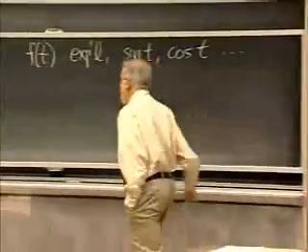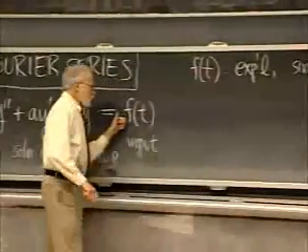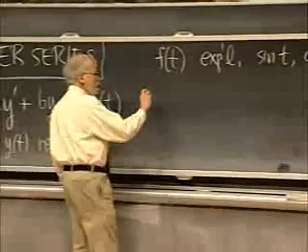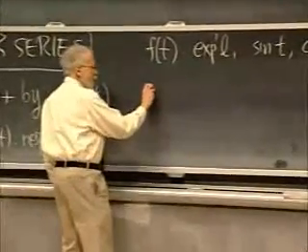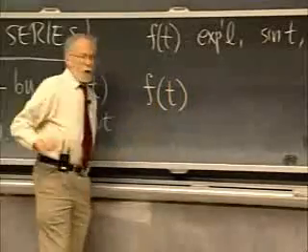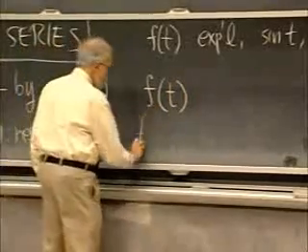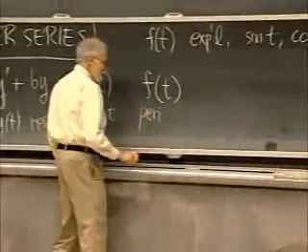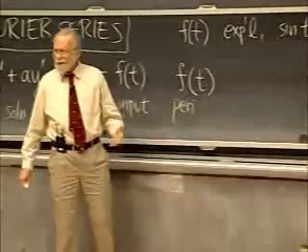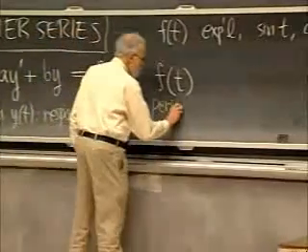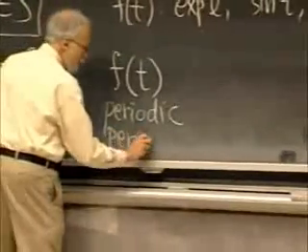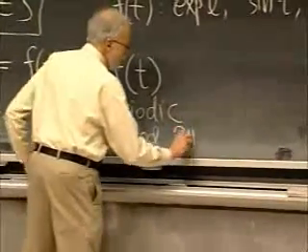The reason is that, let's put it this way, that any reasonable f of t, which is periodic, it doesn't have to be even very reasonable. It can be somewhat discontinuous, although not terribly discontinuous, which is periodic with period, maybe not the minimal period, but some period, 2 pi.